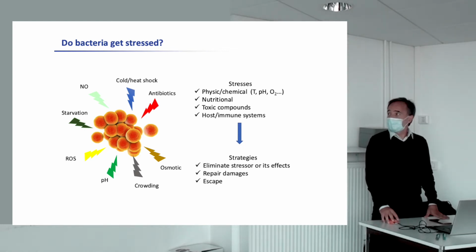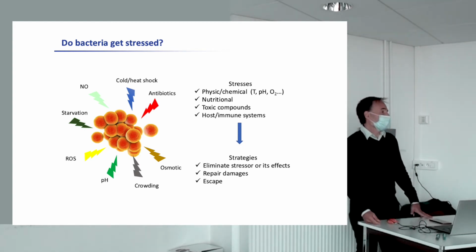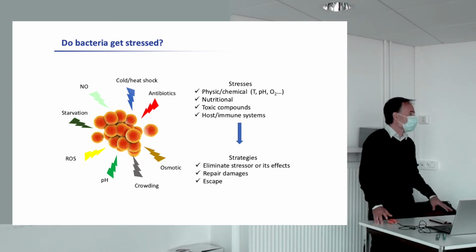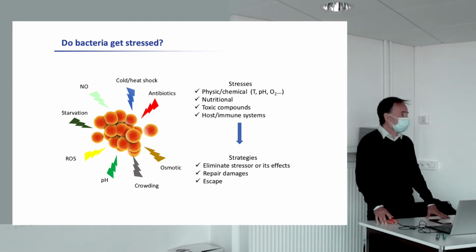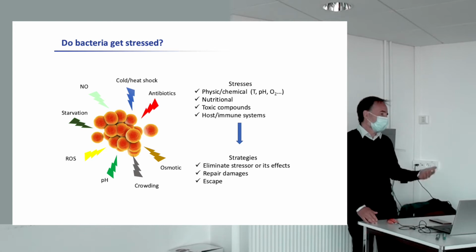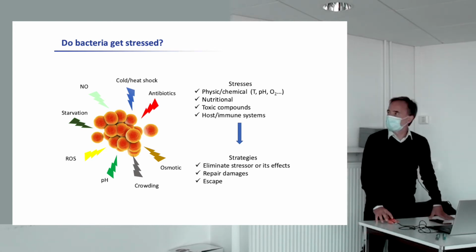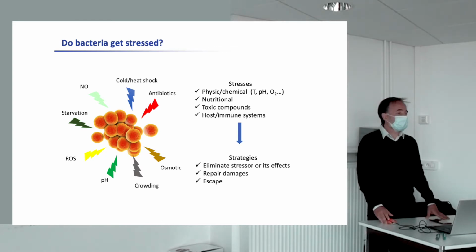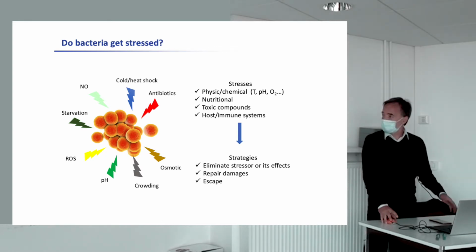And finally, especially for pathogenic bacteria, when they are in animals or in humans, they need to face another stress, that is antibiotic stress, because to fight against the infection, we use antibiotics, but bacteria have different ways to escape and to live in the presence of small concentrations of antibiotics.